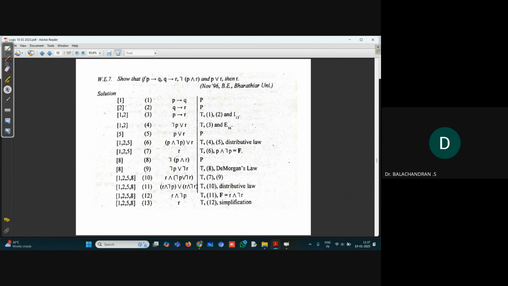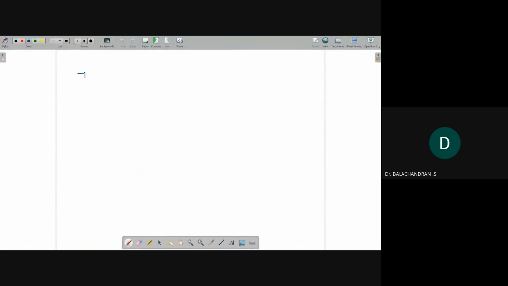So from 3, I have what? Negation P or R. Next, I use P or R. Okay, so now again negation P or R. I will write negation P or R, and P or R. So P, Q implies P and Q, which is equivalent to, here again and here we have R, so negation P and P, because R is common.